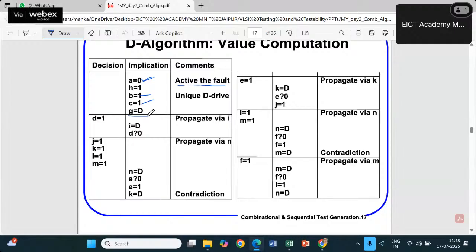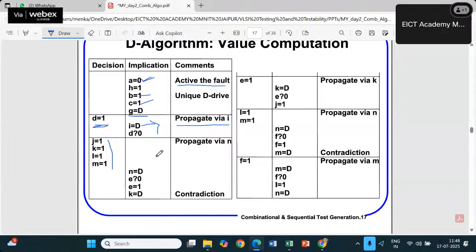Then we found that G is equal to D. Now we are trying to propagate the fault through I. So I is our D frontier. For that, I need D equal to 1. And we are trying to propagate the fault through the other values J, K, L, M. All of these are expected to be 1, 1, 1.